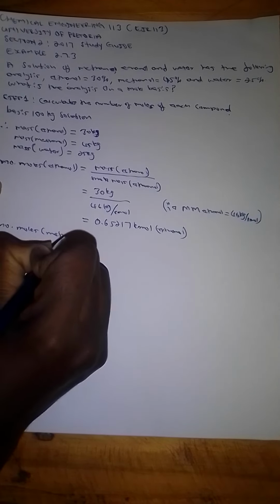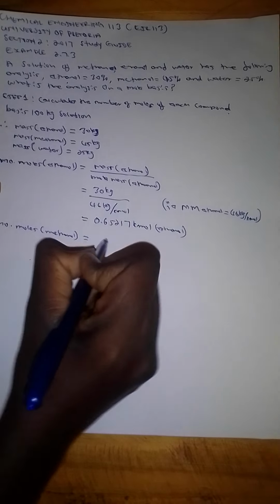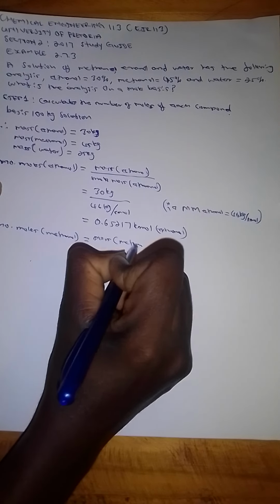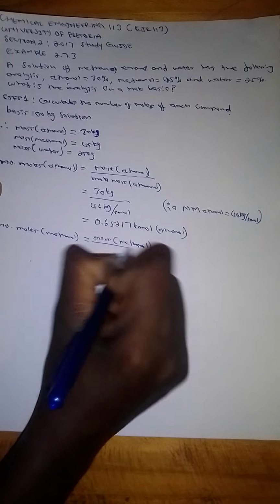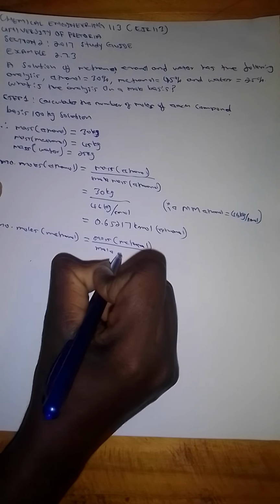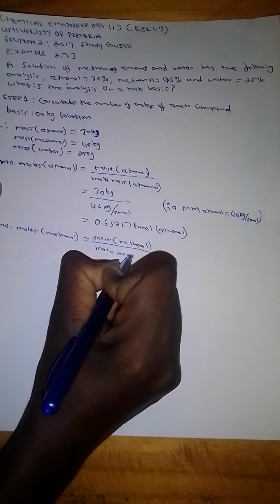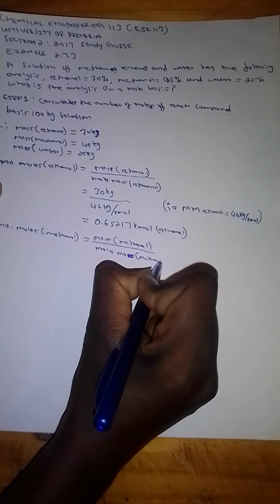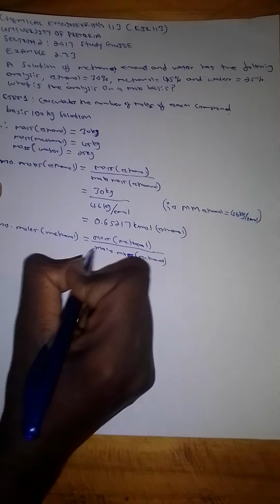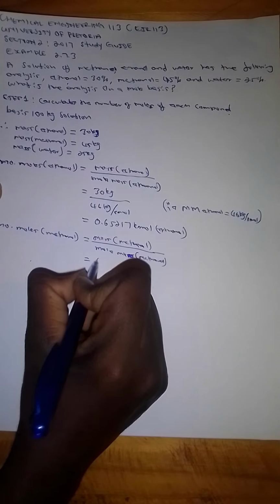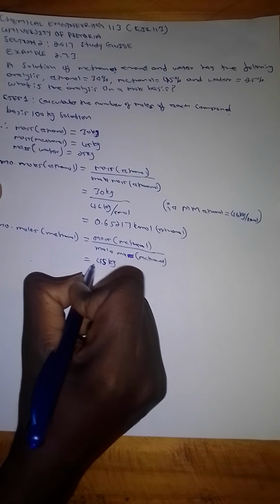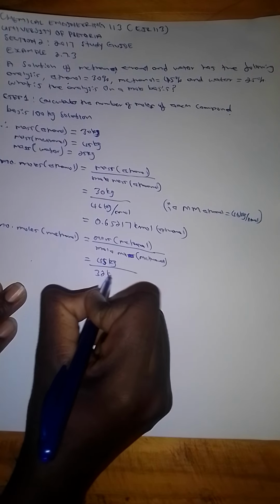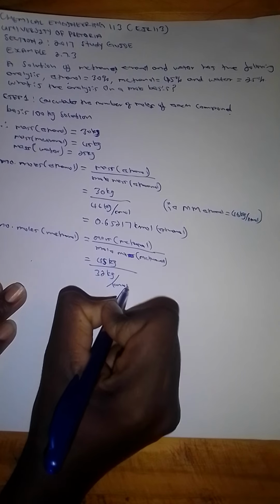So now the number of moles of methanol is equal to the mass of methanol all over the mole mass of methanol. The mass of methanol we know to be 45 kilograms, and the mole mass of methanol is 32 kilograms per kilomole.